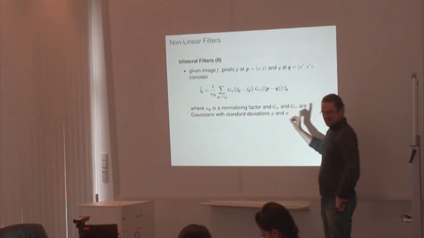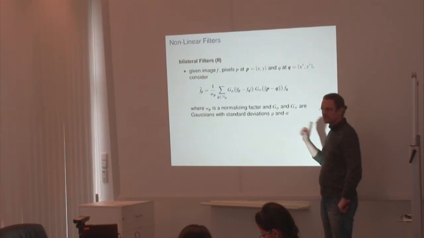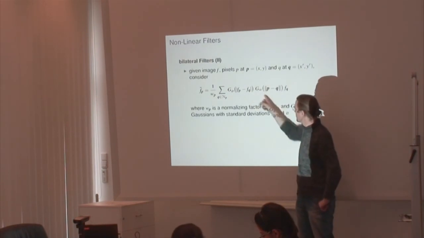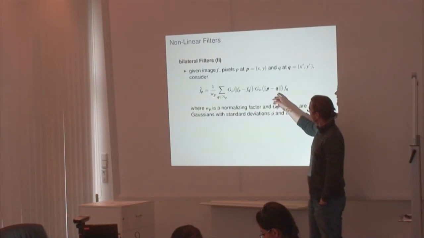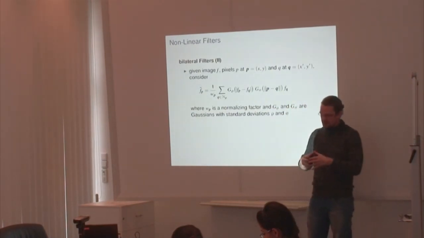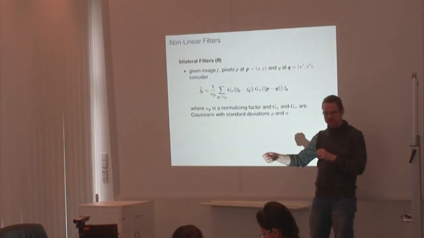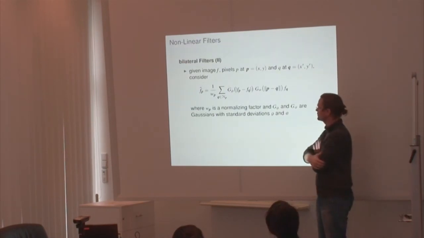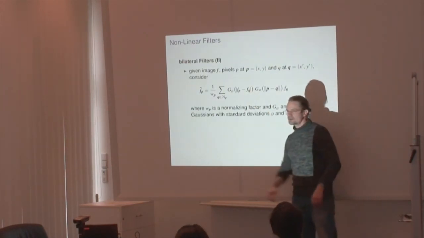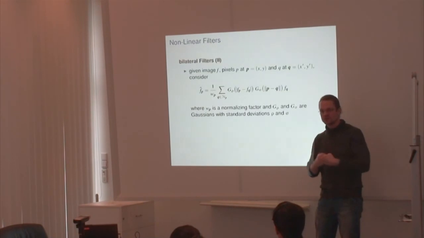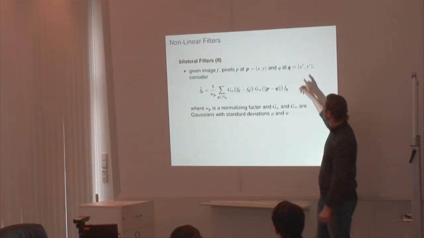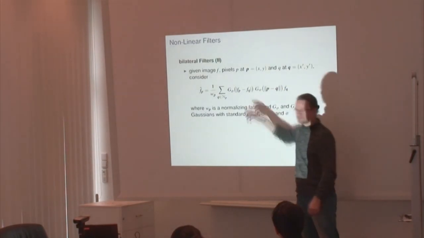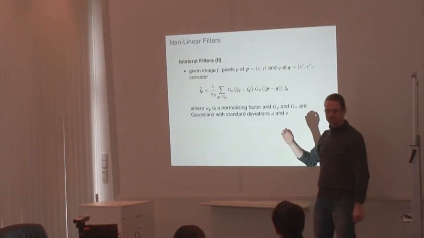At the same time, and this is what makes this very different from Gaussian filtering, not only do we have this weight, but also this weight. Whereas this here is just the distance to the center pixel, something we studied earlier, this here is a weight derived from the intensity difference between the center pixel and the one in the neighborhood we are currently computing.